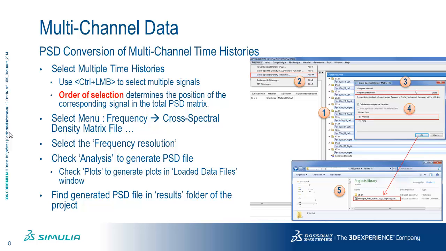Then if you select the frequency cross-spectral density matrix command from the menu, it will pop up this dialog box. If you specify the frequency resolution and the analysis option, and click OK, then you will get one big PSD file which contains all the information you need to define the duty cycle.